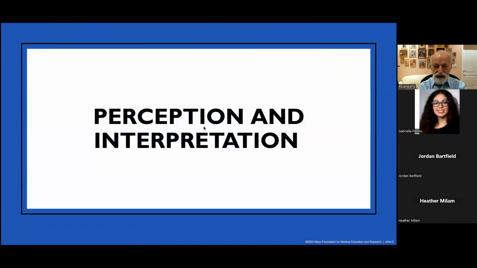Perception and interpretation. Chapter 5 is basically on the way our sensory fibers and the reception of the receptors in those various senses of sight, hearing, smell, and so forth, are relayed in the brain.